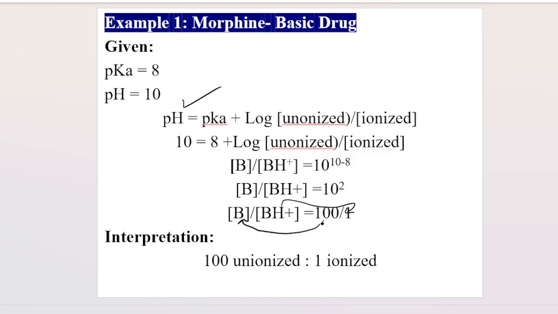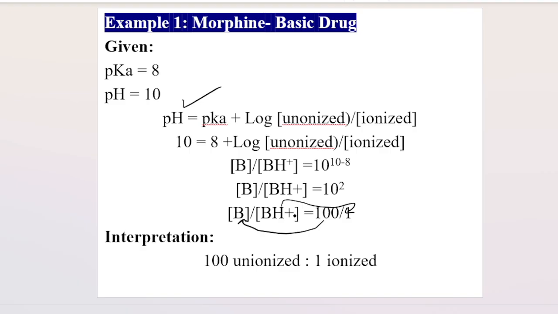So there are 100 molecules of unionized and 1 molecule of ionized. That means when the pKa of the drug is 8 and the pH is 10, if the pH is increased and the drug is basic, then as you increase the pH, the unionized form of that drug will be increased.